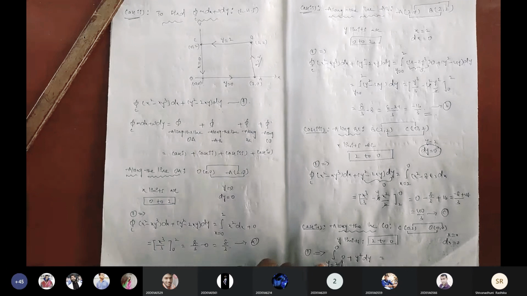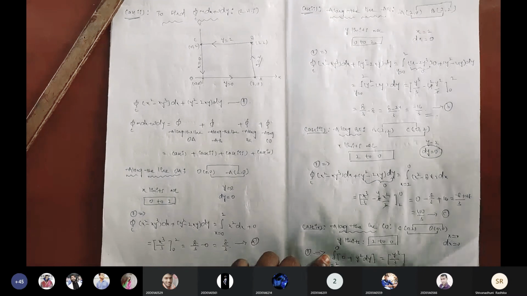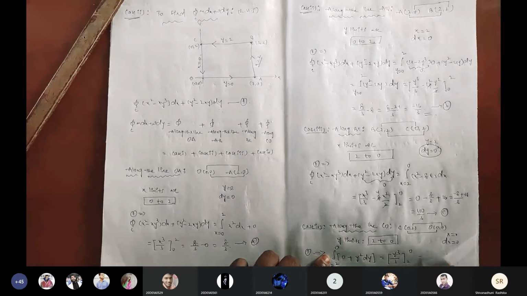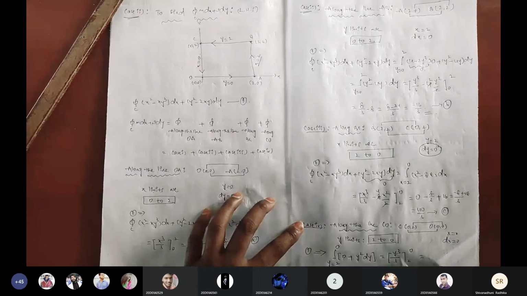Integration of y square is y cube by 3 and the limits are 2 to 0. Substitute the upper limit, we get 0 here. Substitute the lower limit 2 here: 2 cube is 8, that means minus 8 by 3. See, this is small d.